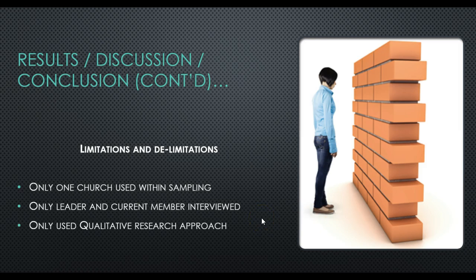The last point is that only the qualitative research approach was used. Using some quantitative research method strategies such as polling and surveys would have also been helpful. Even phone interviews would have been helpful in extracting more data and information to investigate and look at.